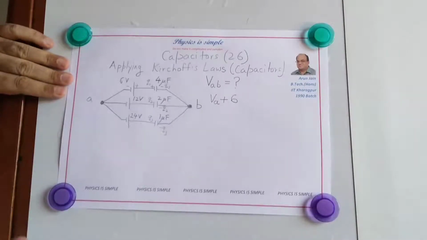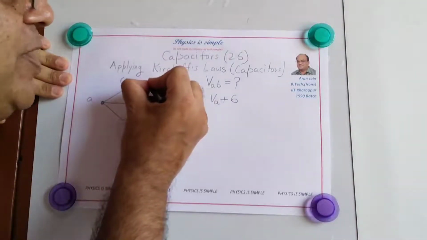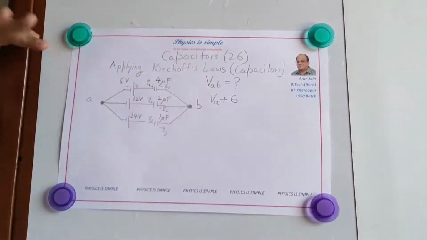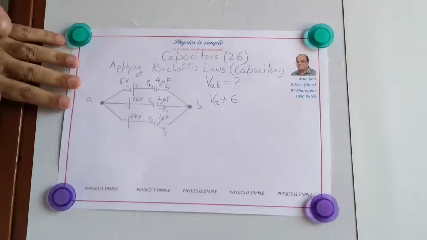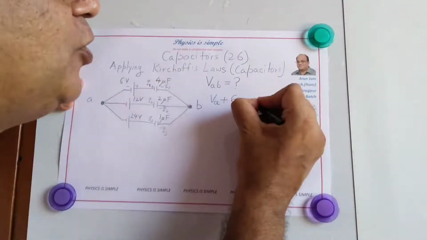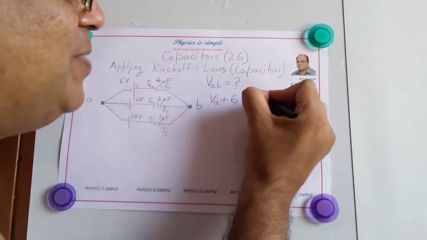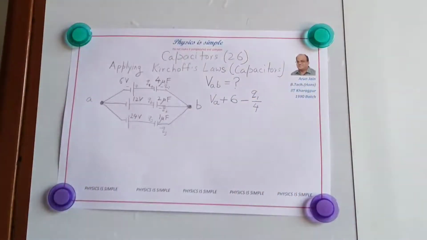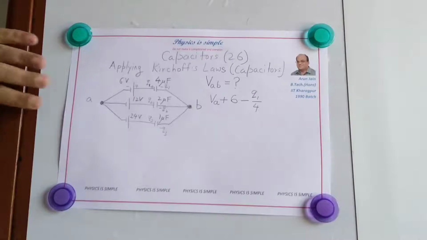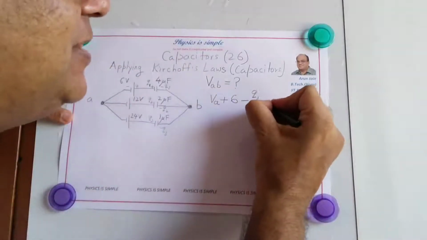And Q is CV, so V is Q by C. We assume this charge is Q1, capacitance is 4 microfarad, and charge is in microcoulomb. Therefore V will be Q1 by 4. So we are coming down in potential by Q by C, that is Q1 by 4. And then we reach point B by this path.